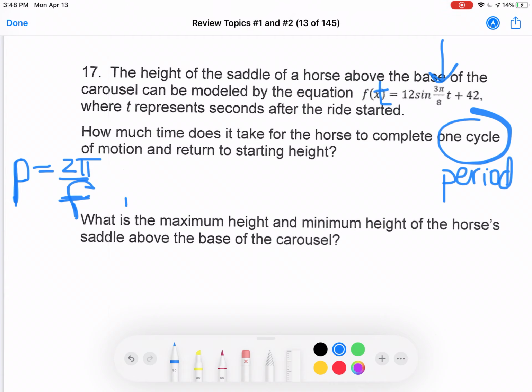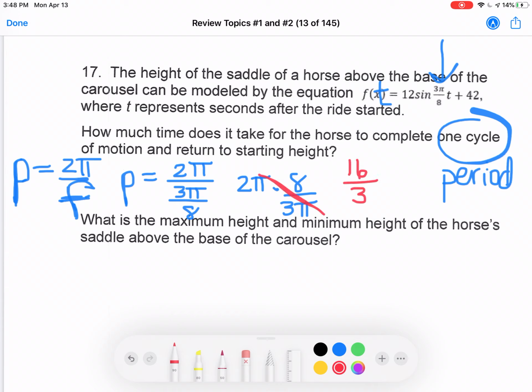Okay, so period is going to be equal to 2 pi over 3 pi over 8. And then we got a little top bottom here, right? So keep the top, multiply by the reciprocal of the bottom. Pi's are gone, and I'm left with 16 thirds. So 16 thirds of a second. And you can leave it just like that.